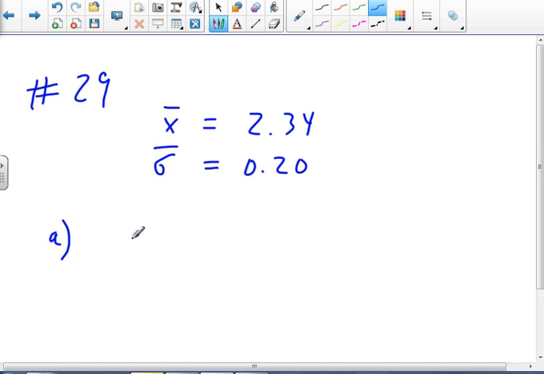All right, so we have to calculate that guy, which is going to be 0.20 divided by the square root of 30, which is 0.0365.